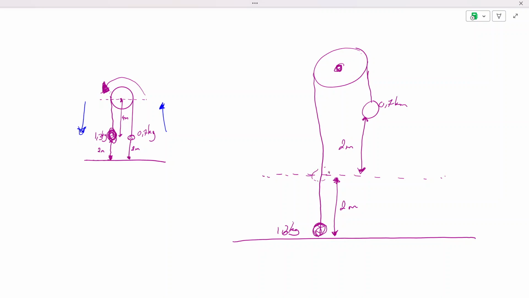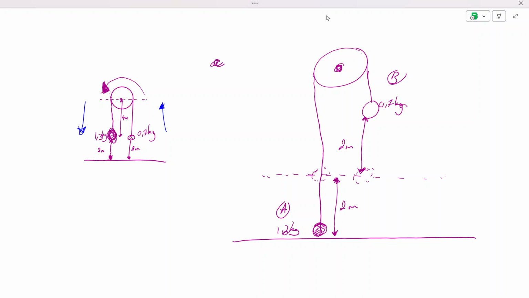Both of them started at this point, and then the 1.3 kg moved down. Simultaneously, the 0.7 kg mass moved up, right? They had an acceleration of 3 meters per second squared, both of them. This one I'm going to call mass A, and this one mass B.